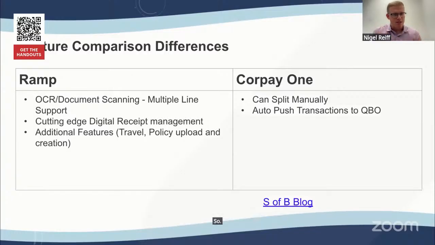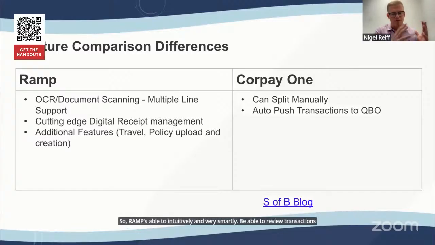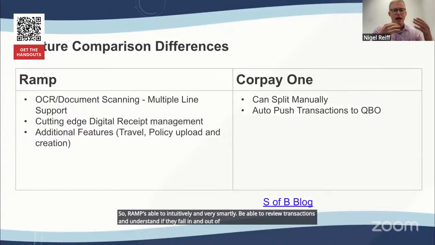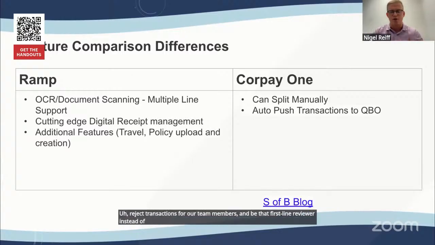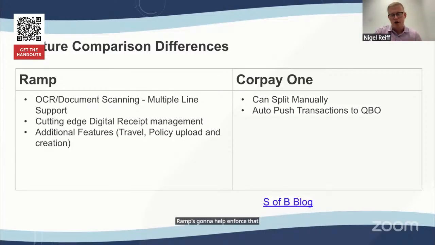So Ramp is able to intuitively and very smartly review transactions, understand if they fall in or out of policy, flag them, reject transactions for our team members, and be that first line reviewer instead of managers, right? So it helps take off some of that time commitment of just reviewing things and not always knowing if this is in or out of policy, and just saying, sure, review it anyway. Ramp's going to help enforce that even more cleanly.